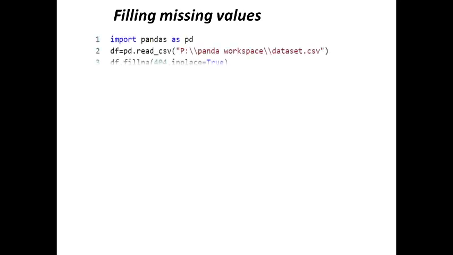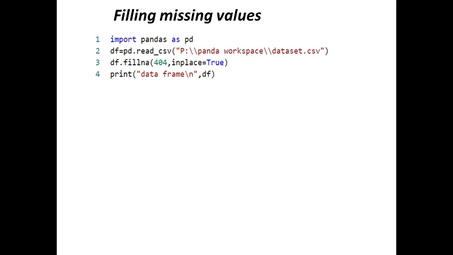Now let's fill missing values. When we don't want to delete rows or columns and want to fill missing values with some specified value, using the fillna function you can do the same. So we need to pass the value that you wish to fill with.